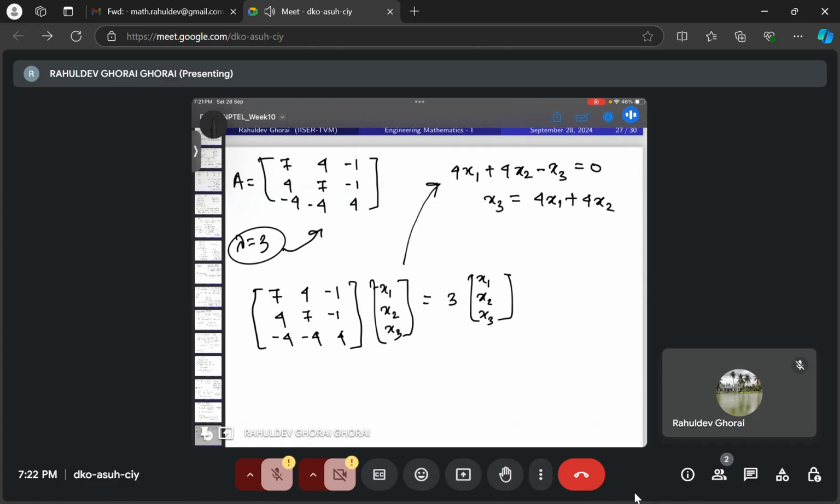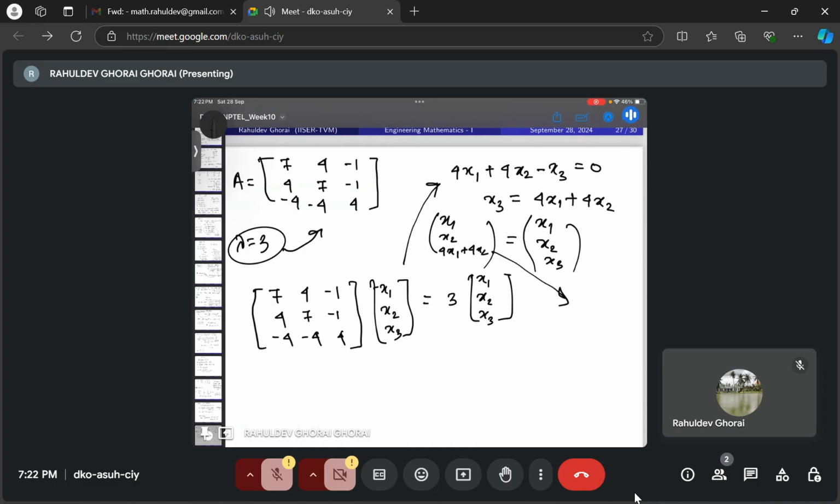You cannot simplify more, right? So what happens here? You have two values which are independent, which are free variables. Whatever values of x1, x2 you take, you will get another x3, and that will be a solution of the system. The eigenvector x1, x2, x3 is x1, x2, and 4x1 plus 4x2.